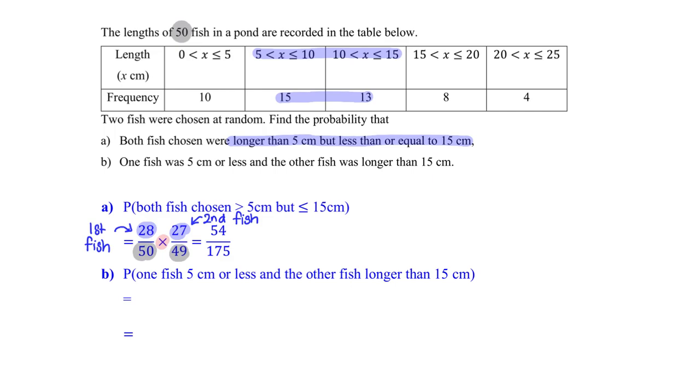Moving on to part B, we have one fish 5 cm or less, meaning is here. We have the other fish longer than 15. That means it's total 12.